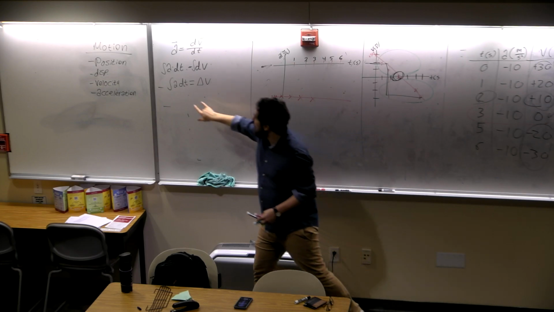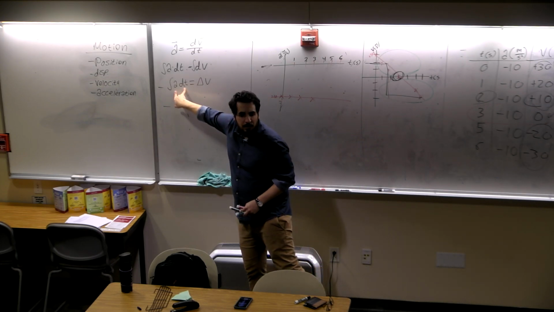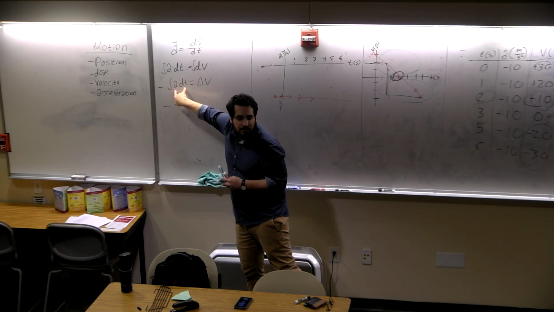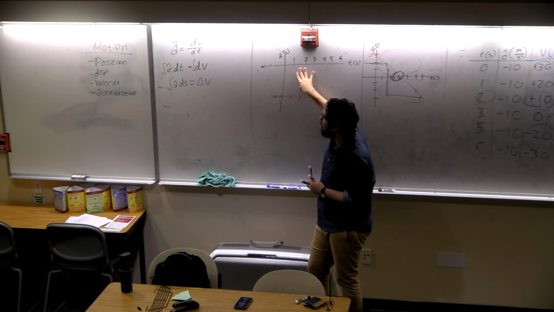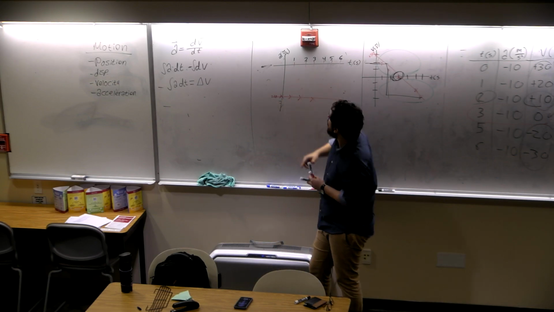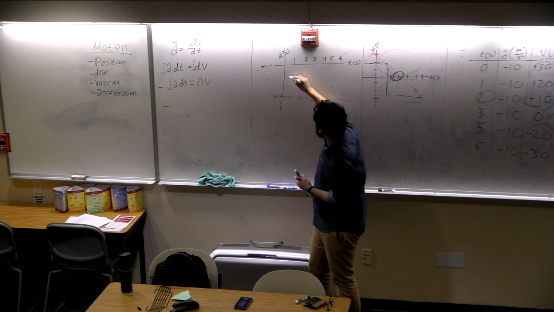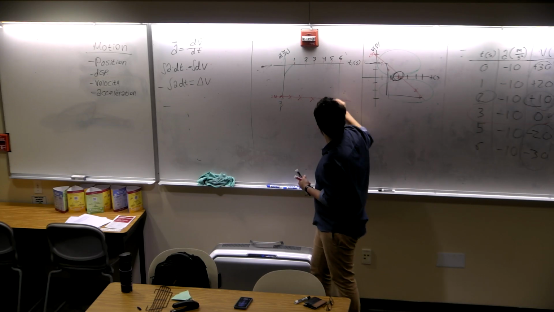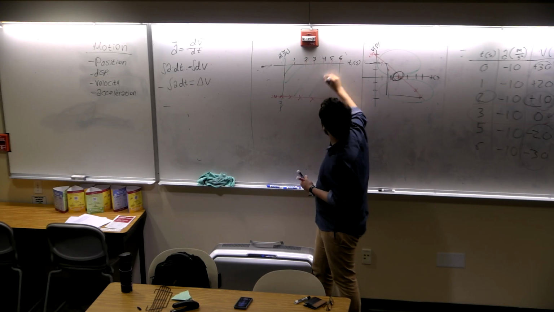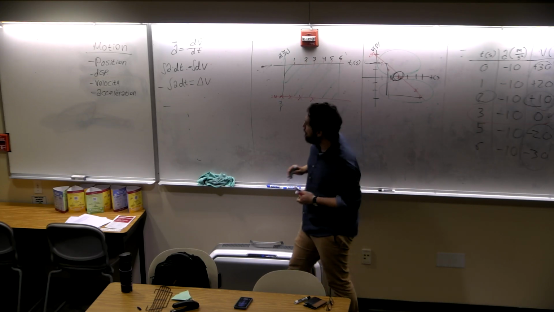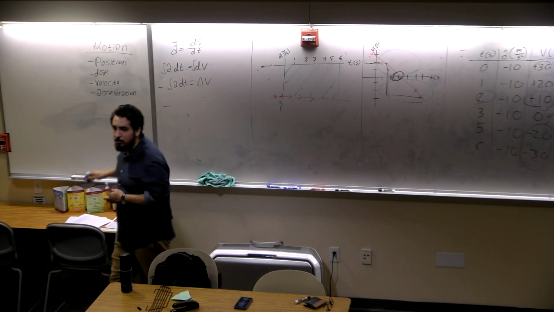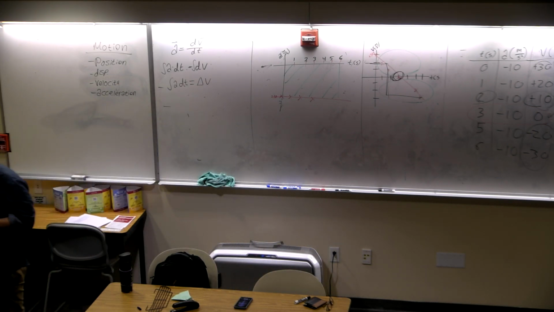The integral of acceleration with respect to time should give us delta v. That means the area under this curve, which is your integral, should give you delta v.